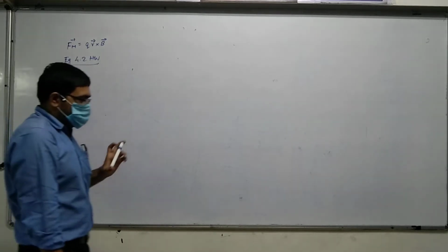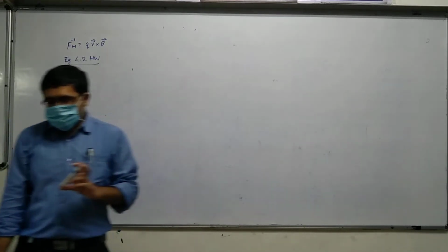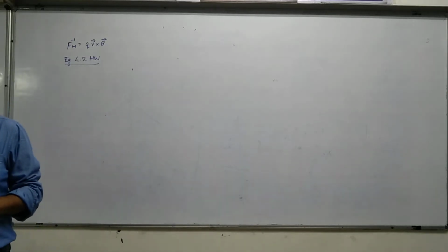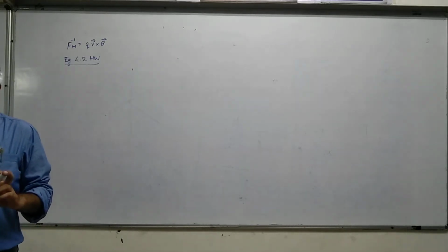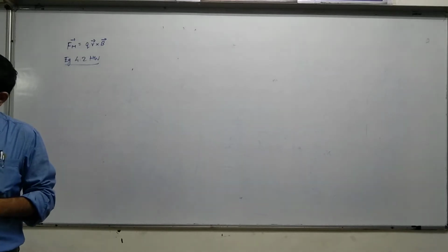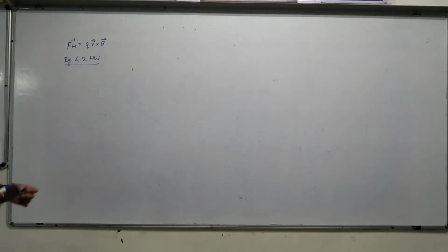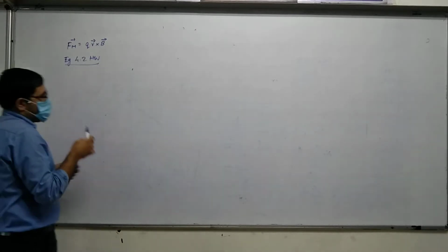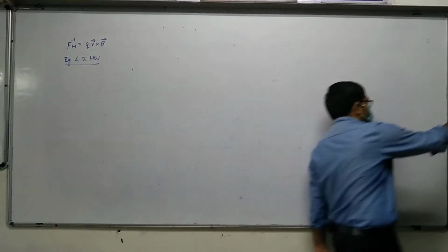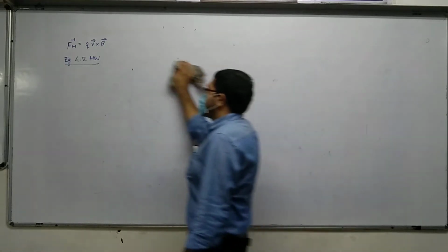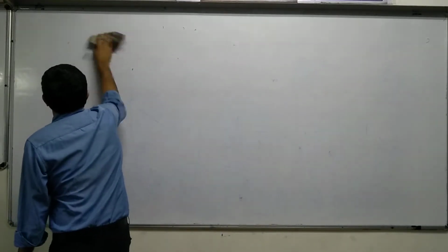Now we are going to discuss the next topic, that is magnetic force on current carrying wire. Okay, the next topic that we are going to talk about is magnetic force on current carrying wire.